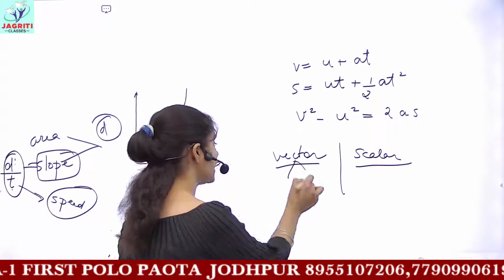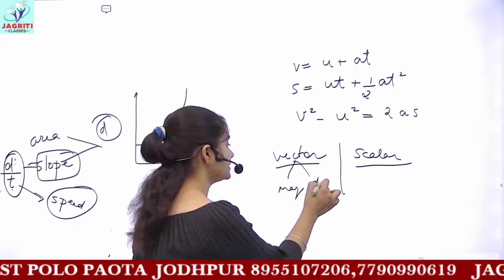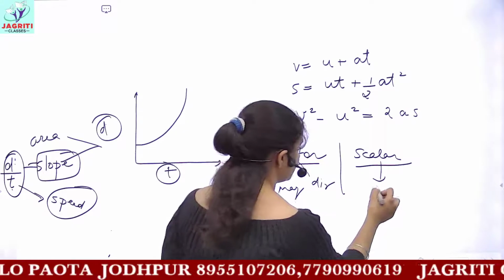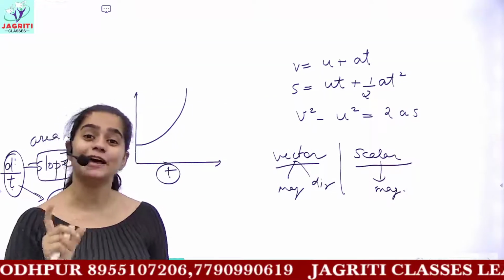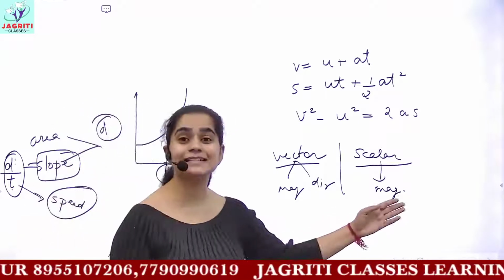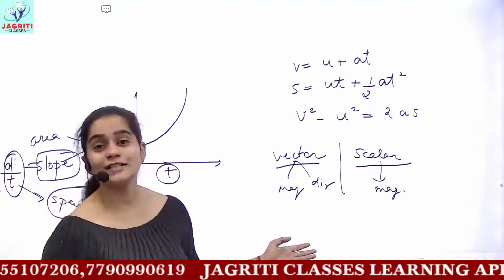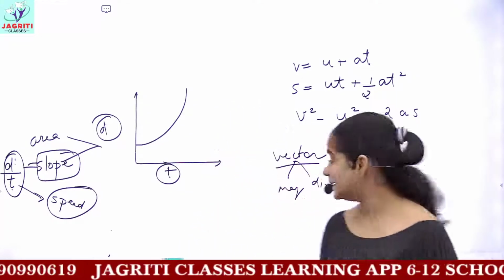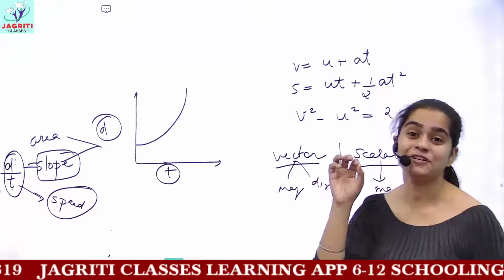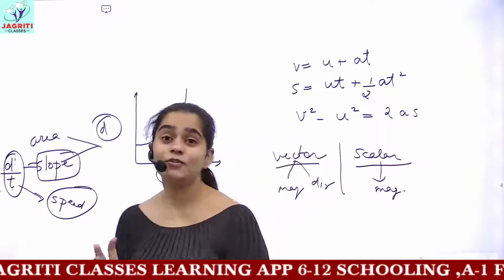Vector means having magnitude as well as direction, while scalar quantities only have magnitude and no direction. For example, speed is a scalar quantity, whereas velocity is a vector. Distance is again a scalar quantity and displacement is a vector quantity.